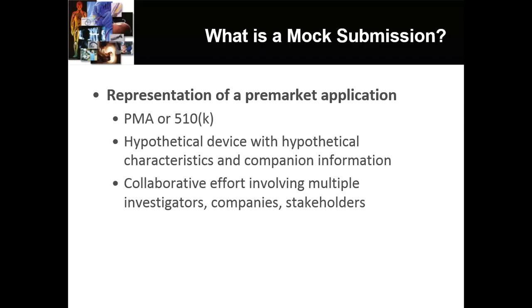And so, again, we want to keep emphasizing that as MDIC is a collaboration, a mock submission is a collaborative effort that can involve multiple investigators, companies, stakeholders, and that can include, as we will find in the example that I'll be talking about, academia and other government agencies.